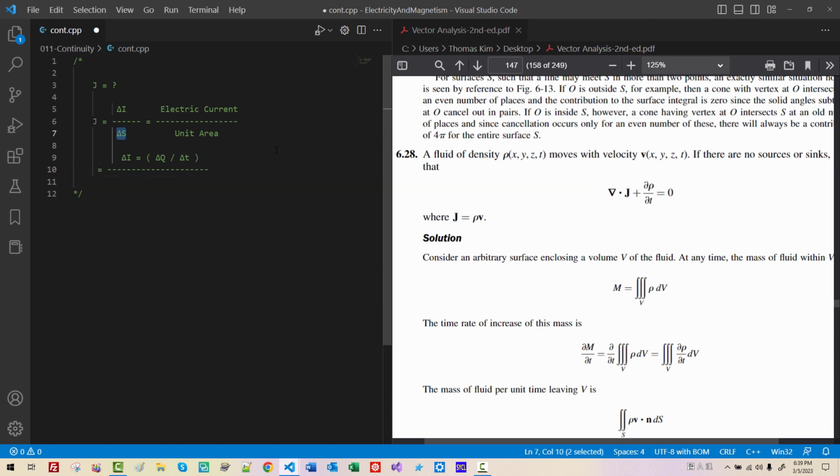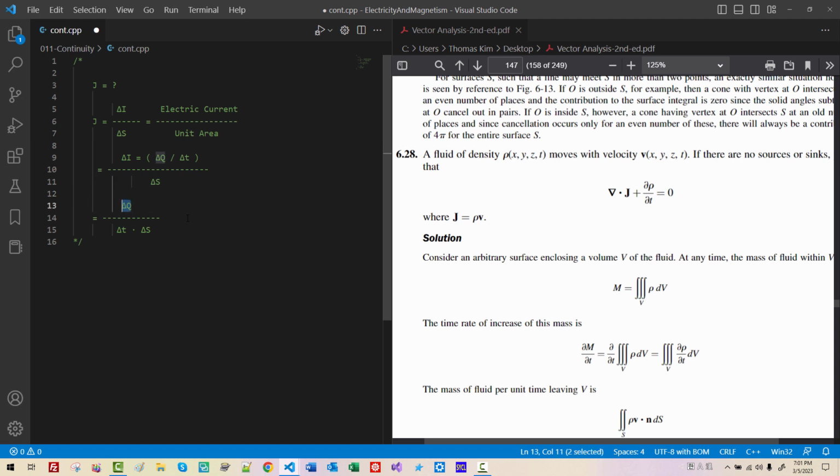Over surface area, we can say delta I is delta Q over delta T times delta S.